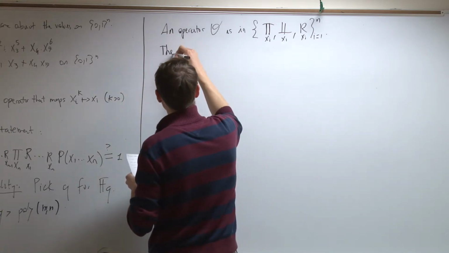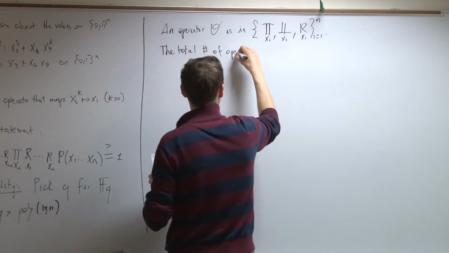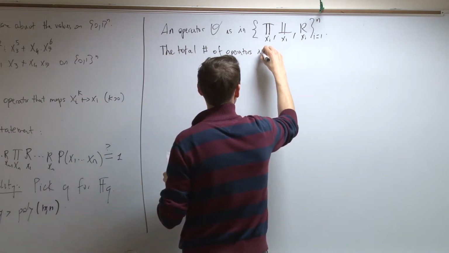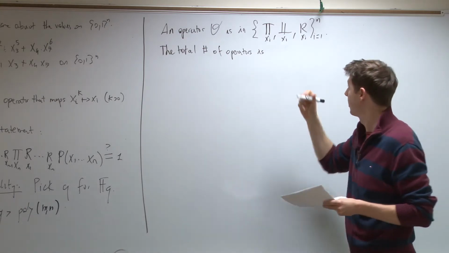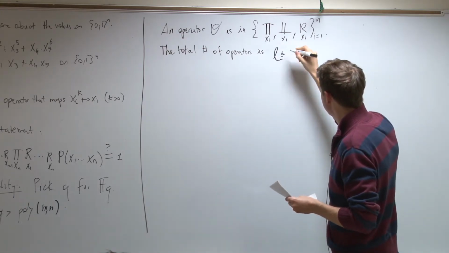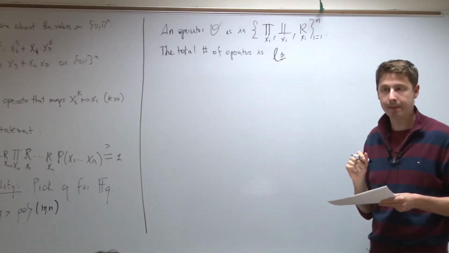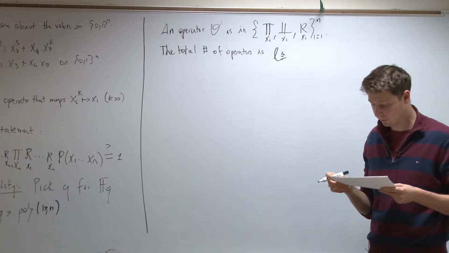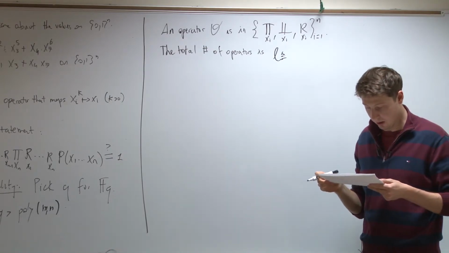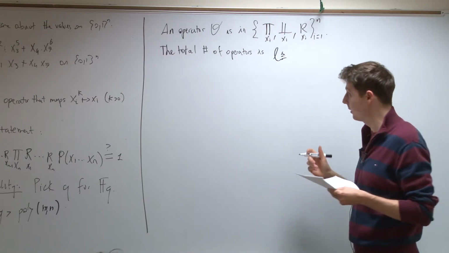The total number of operators, we need to make sure that it's not too large. What's an expression for the total number of operators? Seems about right, yeah.